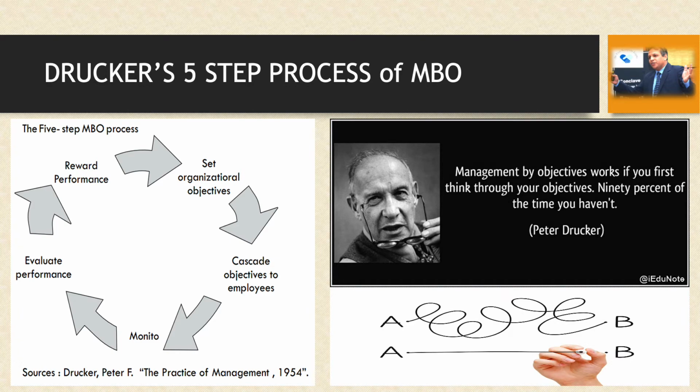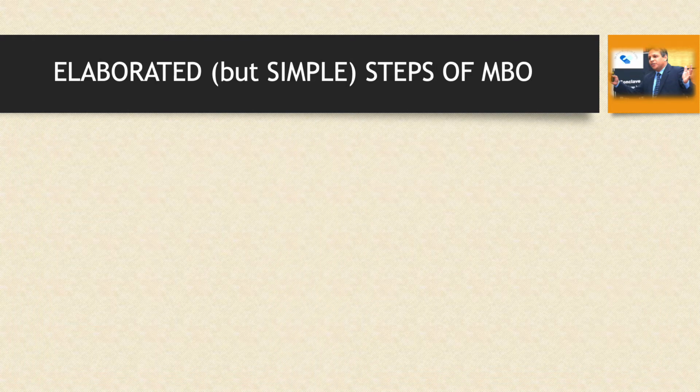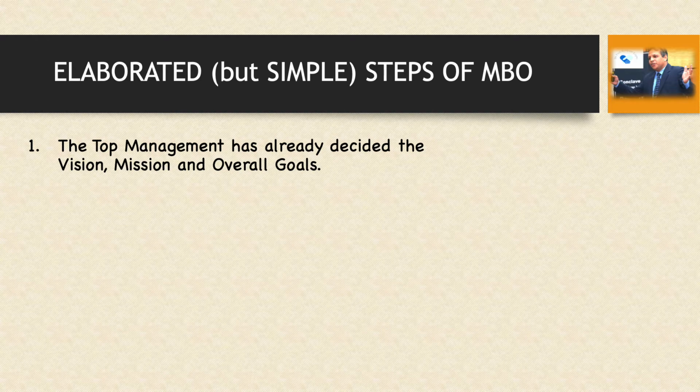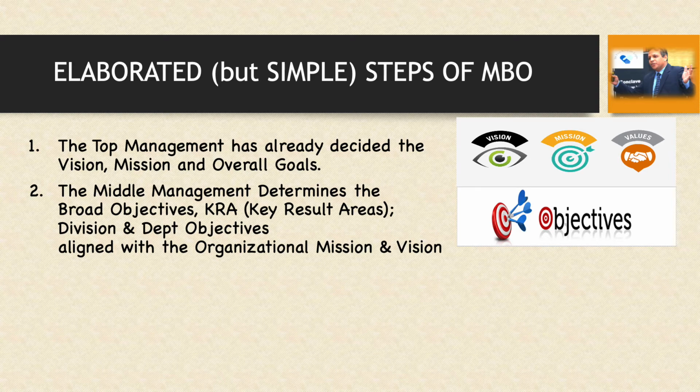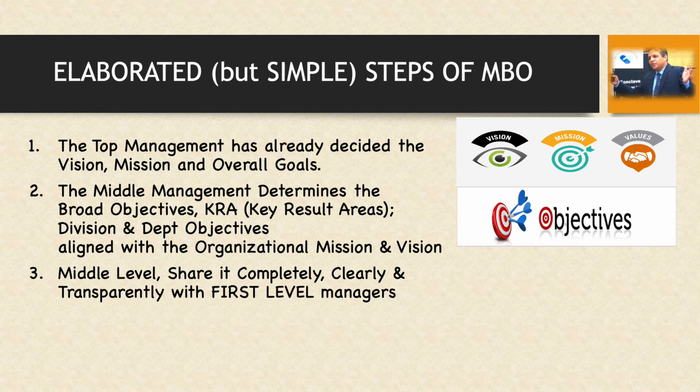Therefore, friends, to put this convoluted line straight, let me present an elaborated but simple steps of MBO. First, the top management has already decided the vision, mission, and overall goals. Then, the middle management determines the broad objectives, the key result areas, the divisional and departmental objectives, and of course, they are aligned with the organizational mission and vision.